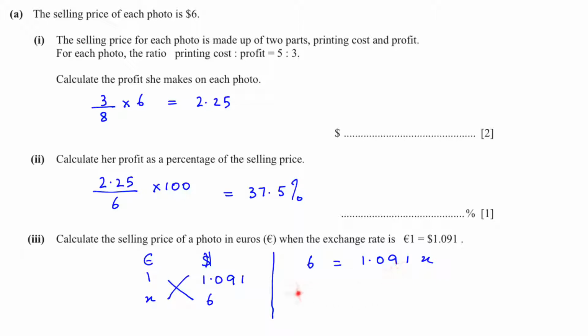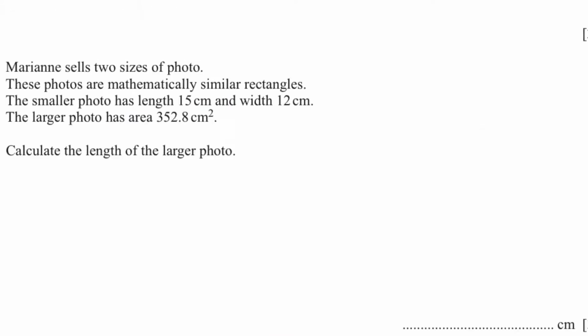This is a multiply. When you bring to the other side, it will be divide. So 6 divided by 1.091 is x. And this will give us 5.499. So we can round it to two decimals, 5.50. That's the price in euros.